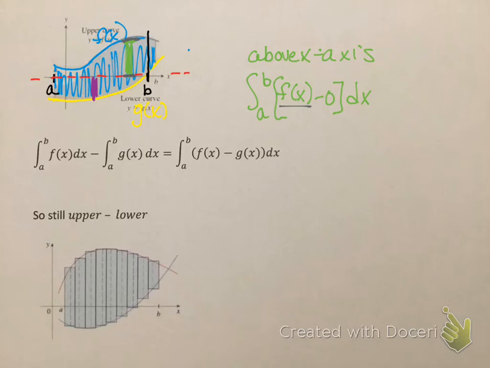And let's say that below the x-axis, my integral goes from A to B. My upper, the top of my representative rectangle, is at 0 minus lower, that's down here, that's my g of x.